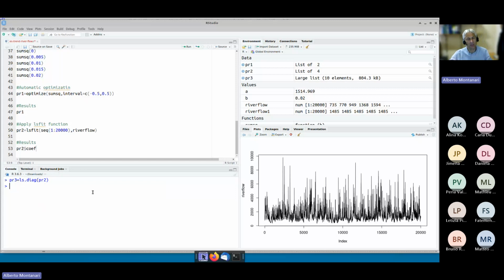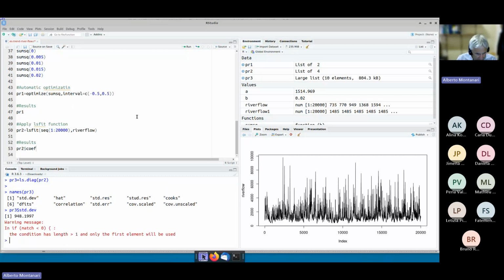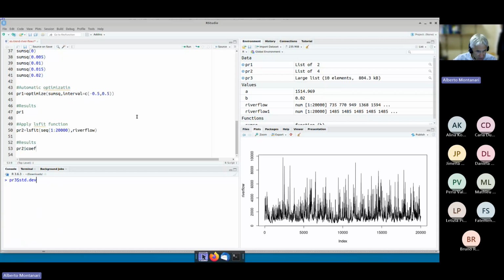Okay, perfect. So what I did here is to compute the diagnostic of the least squares estimation, of the straight line estimation. Now, let me see the names of the obtained list. Std dev, this is what I look for, PR3.